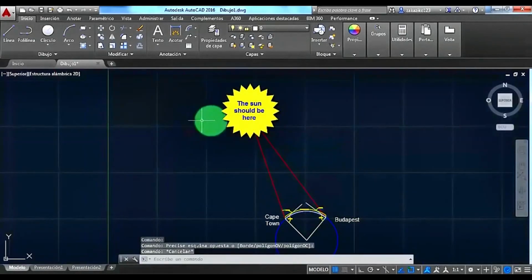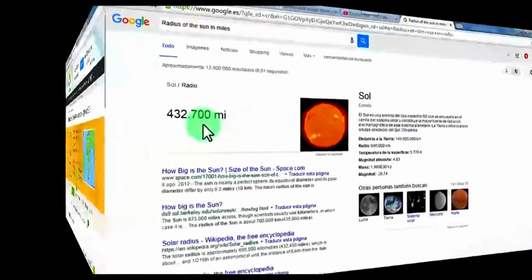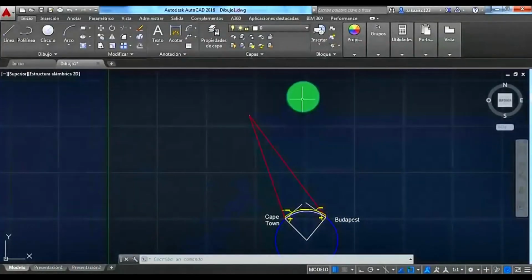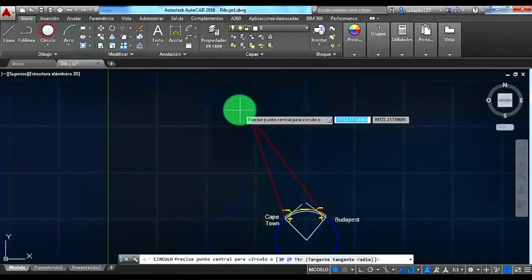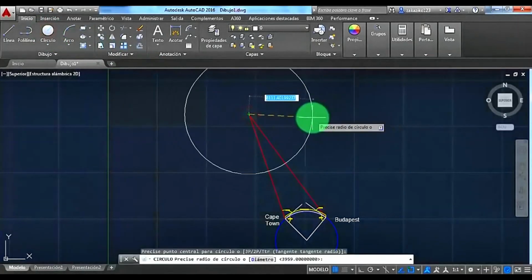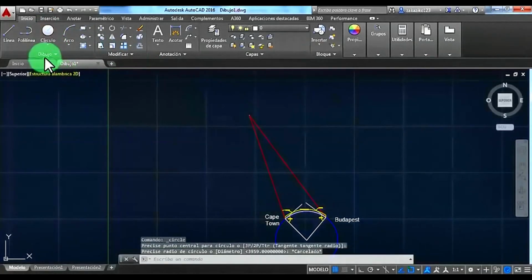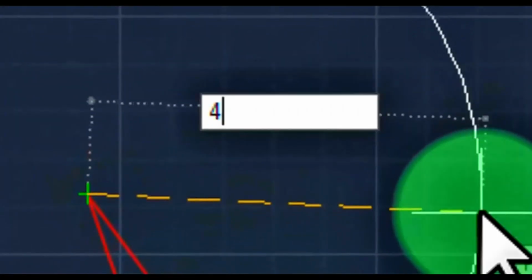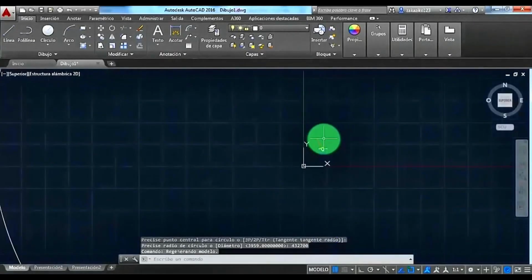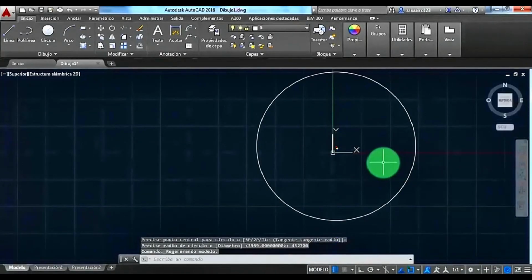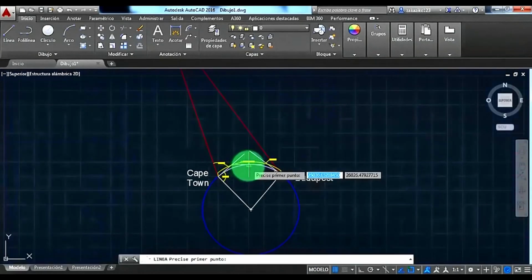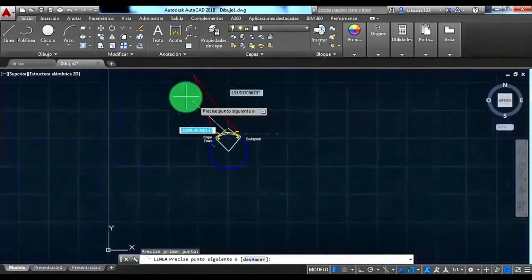Before I measure the distance, I'd like to draw the sun too. So here is the radius of the sun, 700. Wow, that is huge. But it doesn't matter.